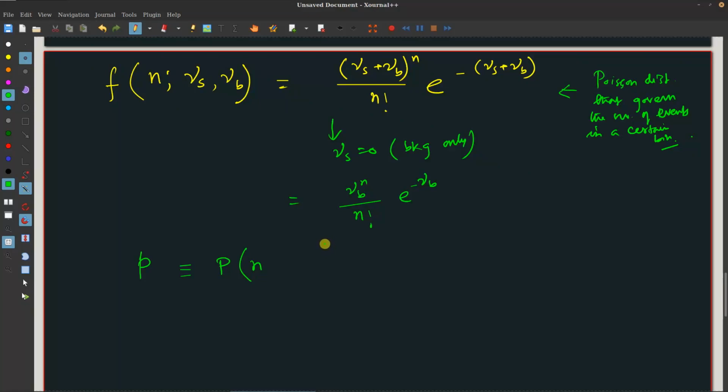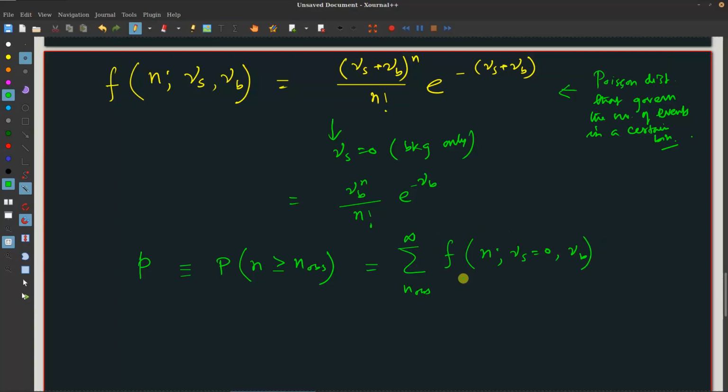So if you have observed more than the number of observed events, the total probability of n greater than or equal to n observed. Okay, and what is that? Basically it is the sum from n observed to infinity, because Poisson is a discrete random variable ideally, for observing n, given nu s equals 0 and some nu b.